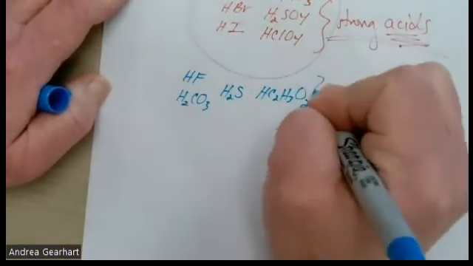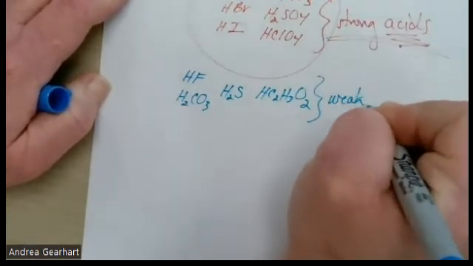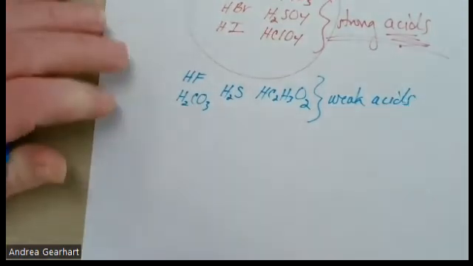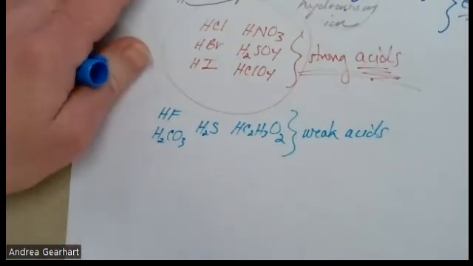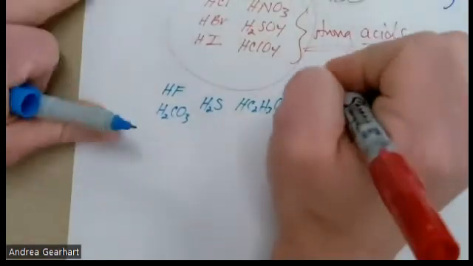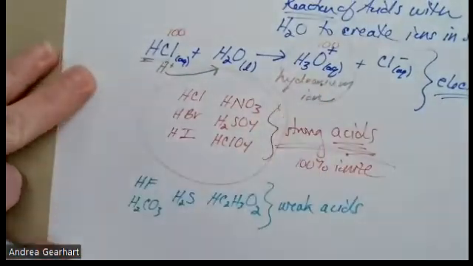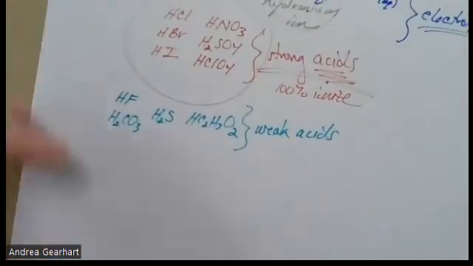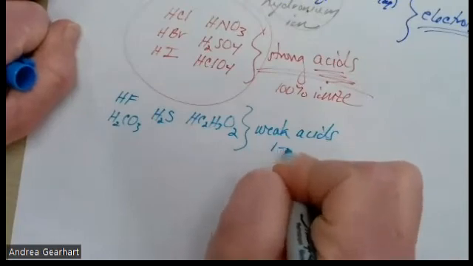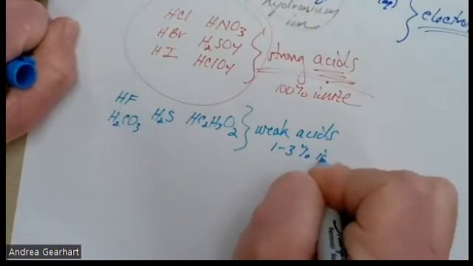These are weak acids. It's interesting that there's no middle ground. Strong acids are 100% ionized. Everything that we put in makes all that much hydronium, whereas weak acids only ionize 1 to 3%.